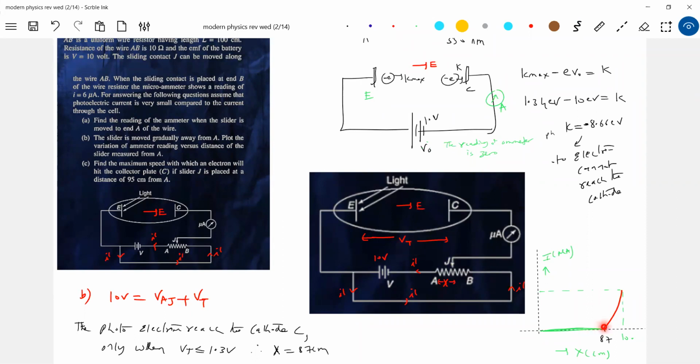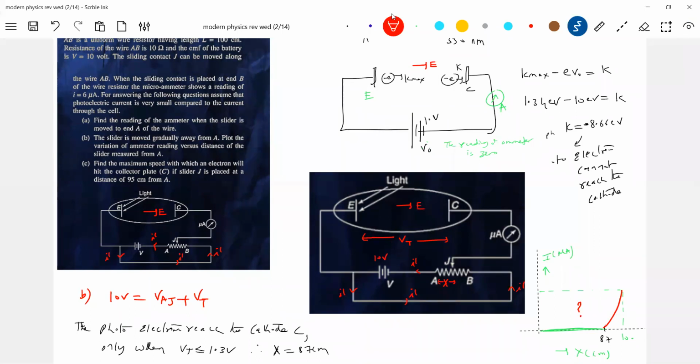After this, they don't have energy to reach that particular thing; after this, they'll start reaching. Okay, anyway, I'll think over the exact curve. I'll put a question mark.